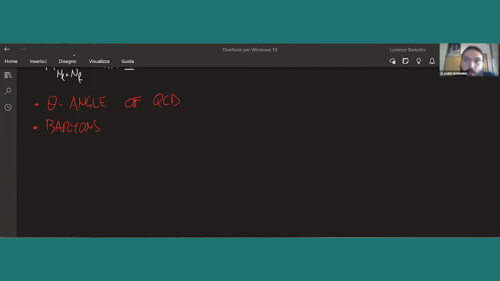So, are there any questions for now? So, if not, I have actually a question. Curiosity, maybe it's a stupid question, but you said at the very beginning that you work in the large n limit, so in the large number of colors limit. And of course, you want fermions because you want baryons in the end.